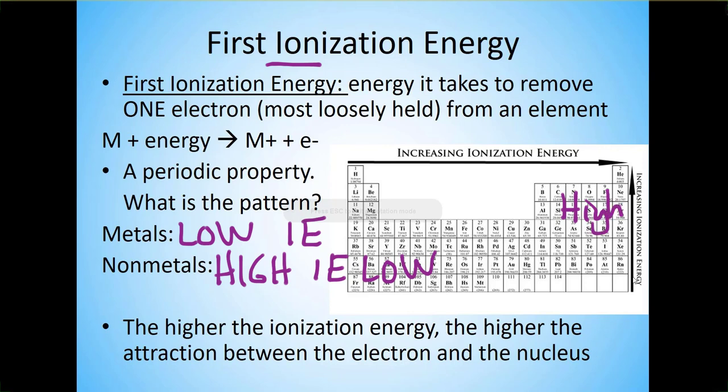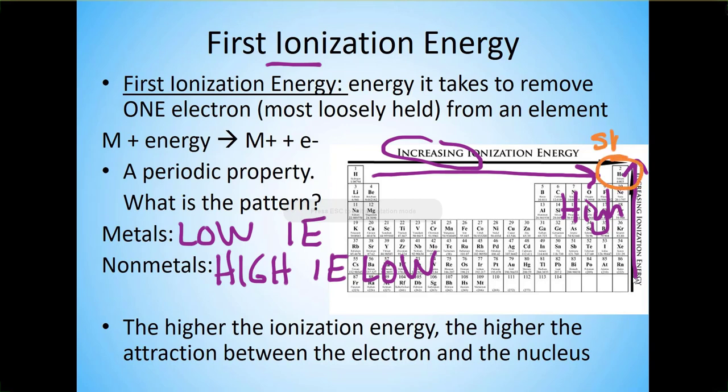So this is the trend. As I go towards those nonmetals, there is an increase in the ionization energy, and as I go up, there's an increase in ionization energy. The higher the ionization energy, the higher the attraction between the electron and the nucleus. And if you recall, we have talked about the size of atoms, and the smallest atom that we have is helium.